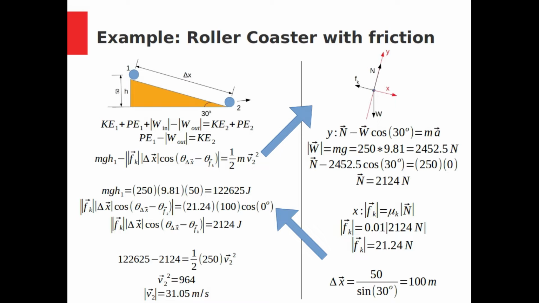We can solve for the initial potential energy, and we can solve for the work done by friction, the amount of energy lost through the work that friction does. By putting these together, we can quickly find the final velocity of the roller coaster. It winds up being a little bit less than before, 31.05 meters per second.